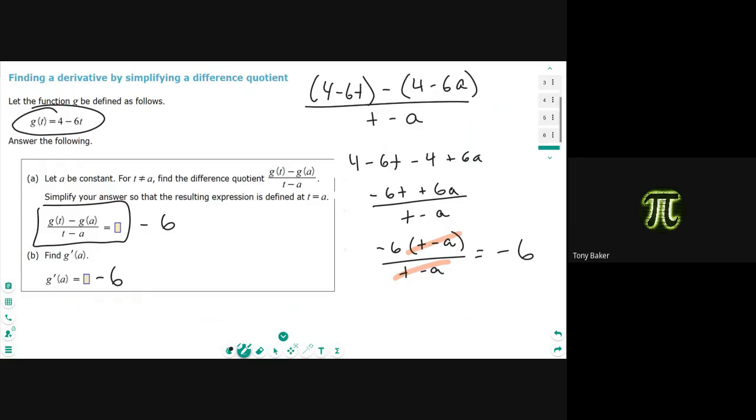So I chose this problem for a reason, because I wanted you to make that connection between the two. Most of the problems are not going to be linear, so you're not going to easily be able to find that. In this situation, that works. That's why you only got a -6 left at the end, because that's looking for the slope, and the slope in this case is -6.